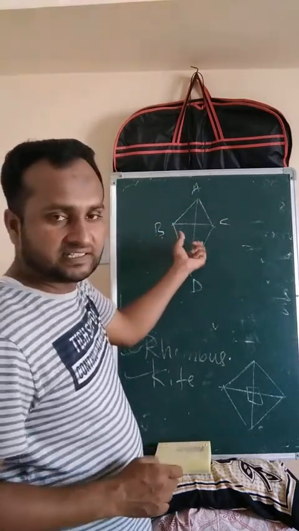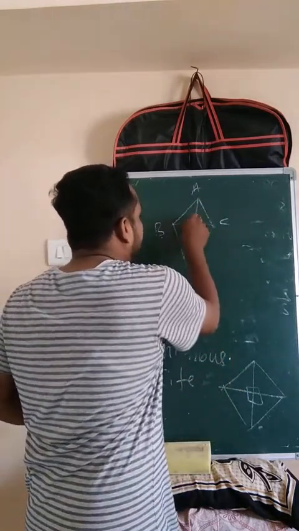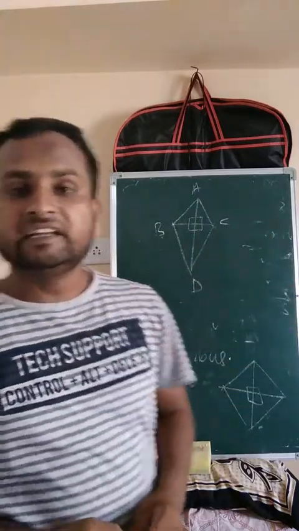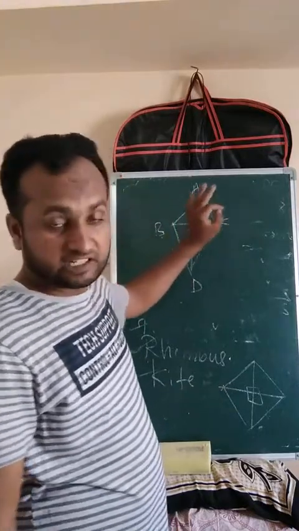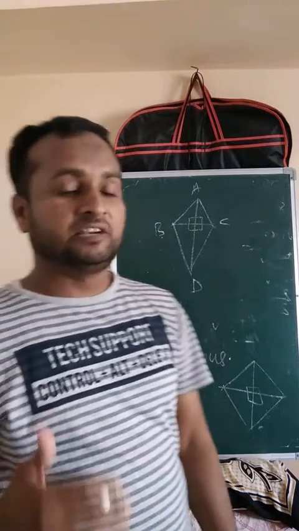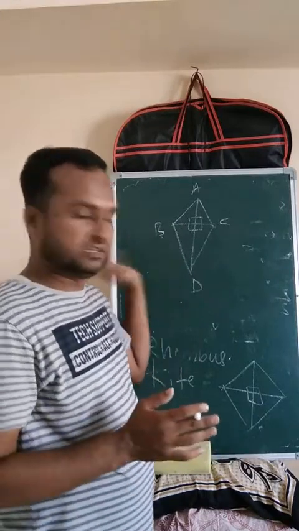It means pairs of adjacent sides are equal, and the diagonals bisect each other at perpendicular, forming 90 degrees in the middle. This is the property and the definition of the kite. Remember, a kite is a quadrilateral having pairs of adjacent sides equal and diagonals that bisect each other at perpendicular.